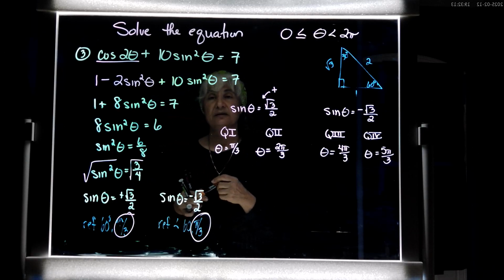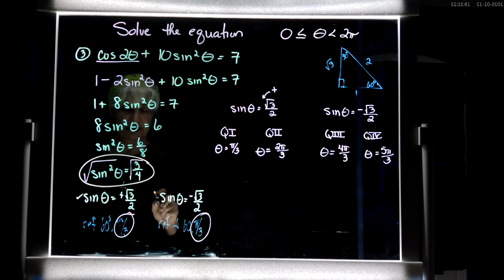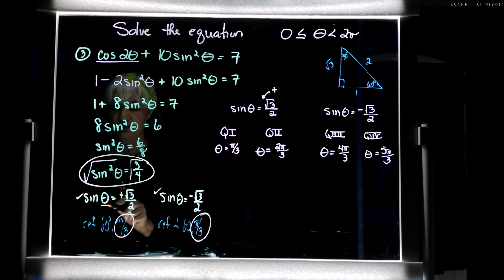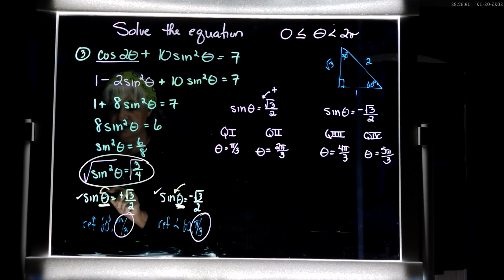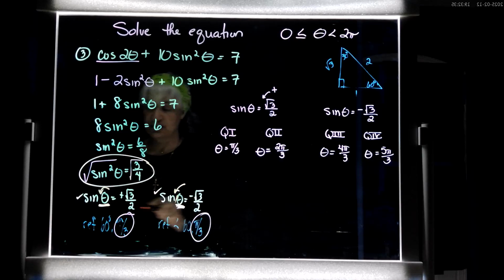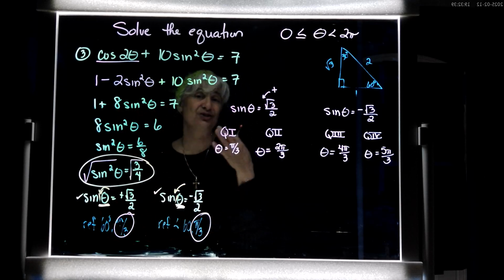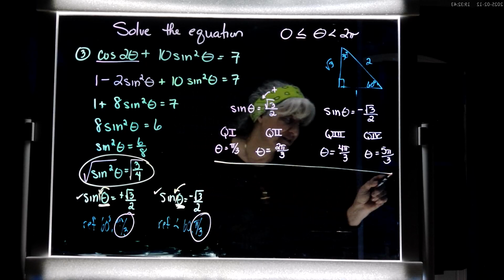Now, let me ask you something. When we solved, this was where we were at, right? We took the square root of both sides, and I came up with these 2 answers, or these 2 little equations. Do you notice this theta? Both of them? What's the coefficient in front of both of these thetas? Yeah, it's just a 1, isn't it? Because it's already a single angle, I don't have anything else to do after this step.